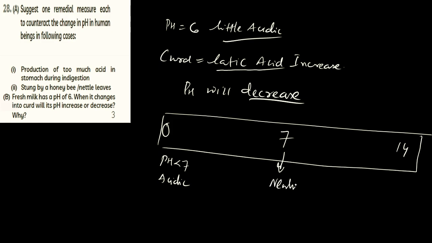This is neutral and this is basic. Any pH greater than 7 is basic. Any pH less than 7 is acidic. So more acidic means lower pH, and more basic means higher pH.